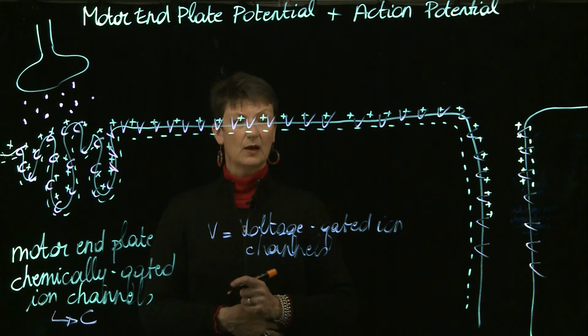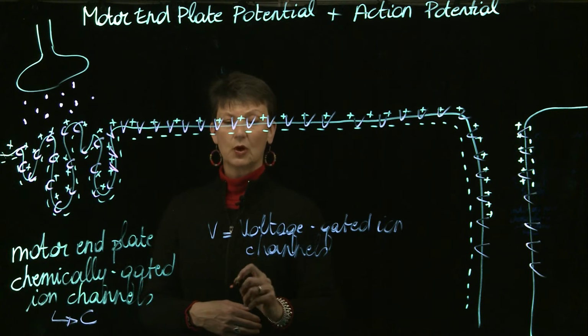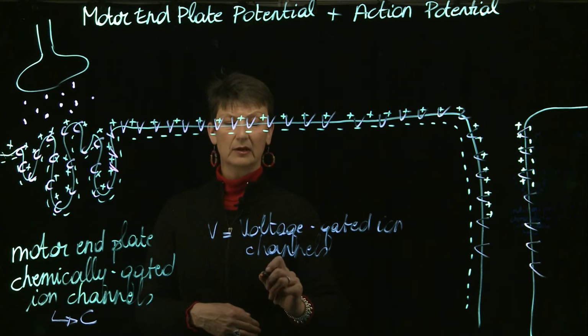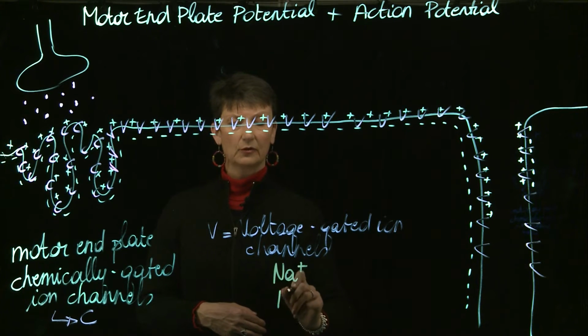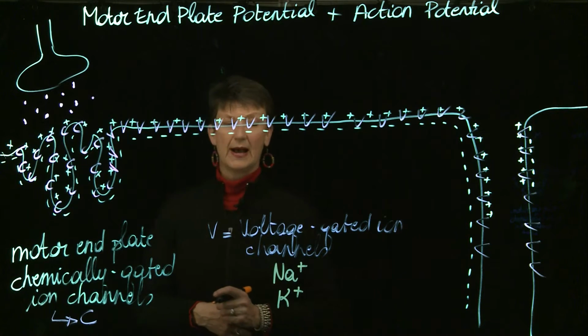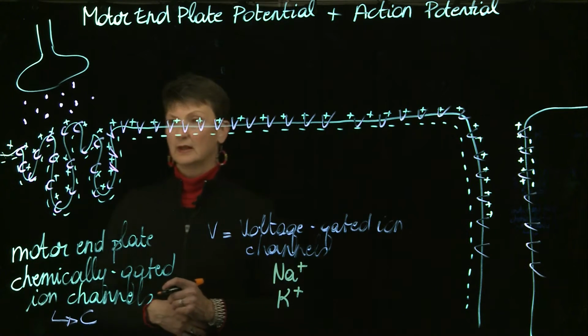Okay, now within the voltage-gated ion channels, as you know, we have those that are going to allow for the passage of sodium and those that are going to allow for the passage of potassium.